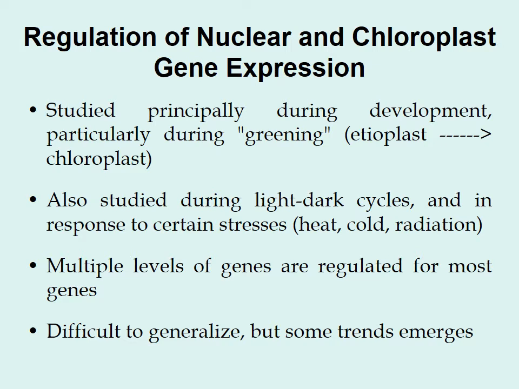So the regulation of the nuclear and the chloroplastic genes is important because of RuBPCase, ribulose 1,5-bisphosphate carboxylase oxygenase. It is a protein which is important in the dark reactions of photosynthesis.